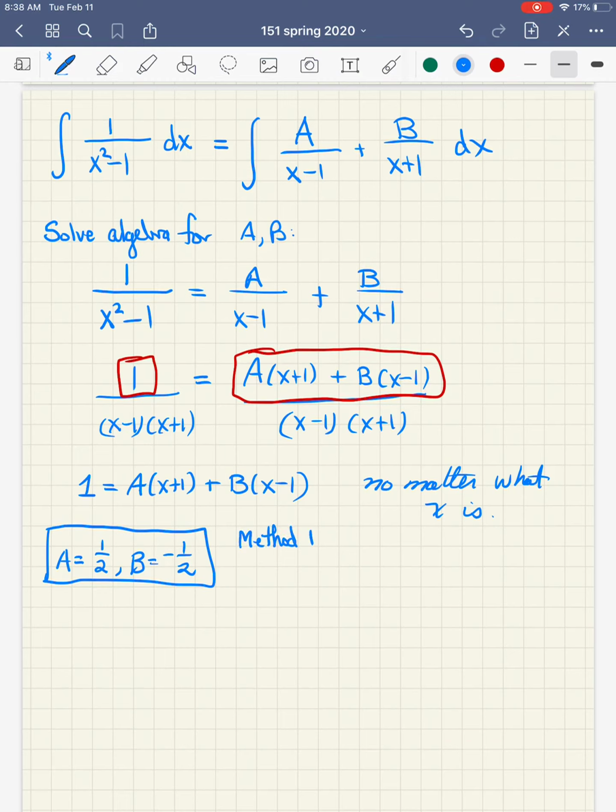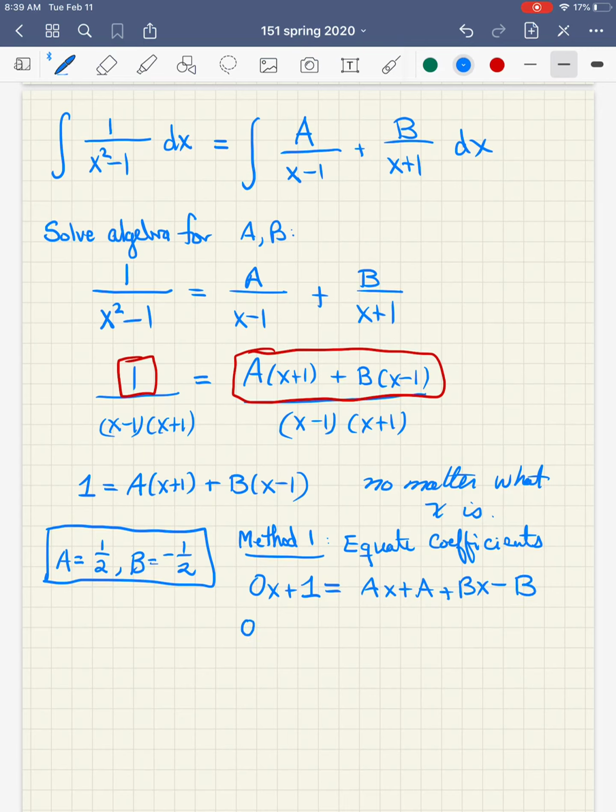So method 1, we sort of equate coefficients. On the left-hand side, we have 0x plus 1. And on the right, we have ax plus a plus bx minus b.